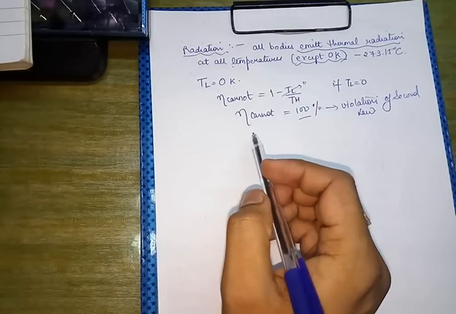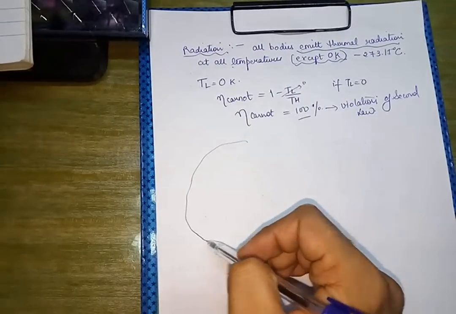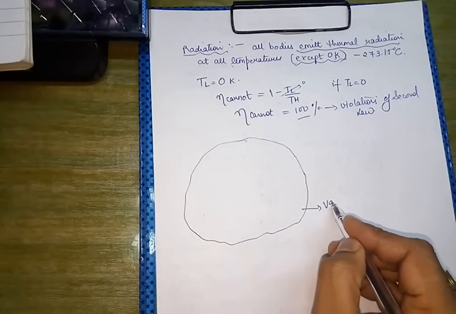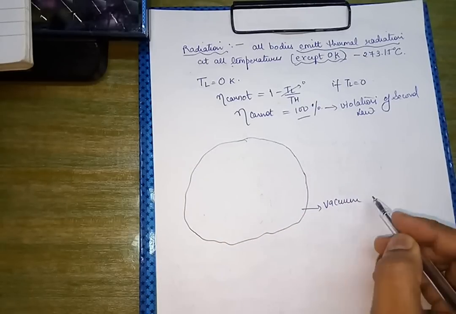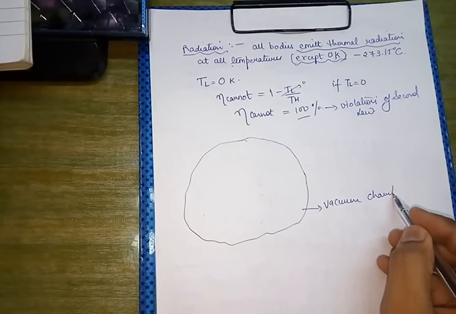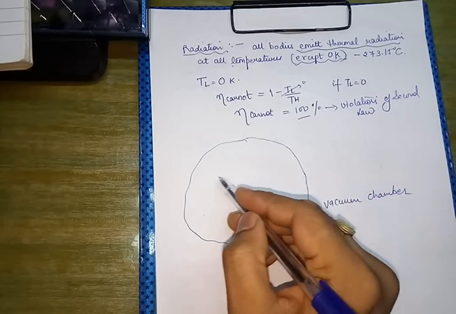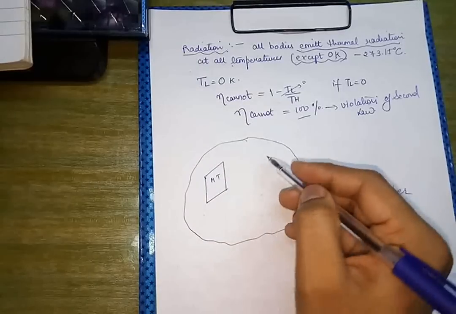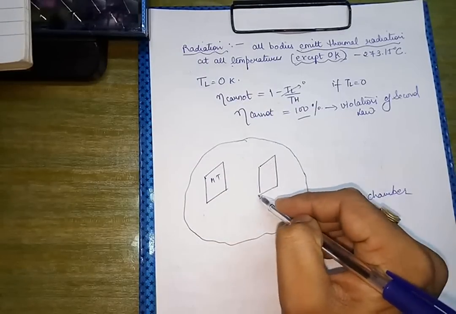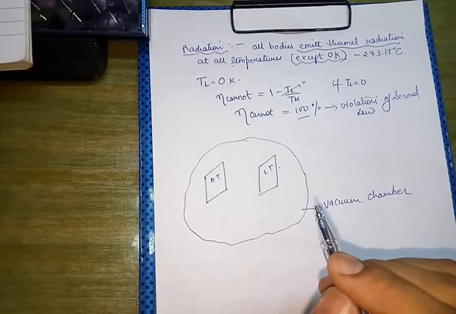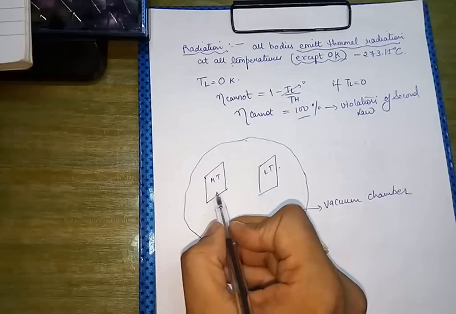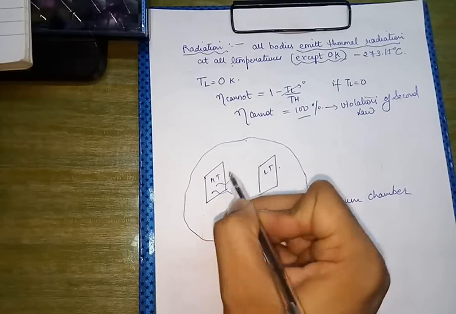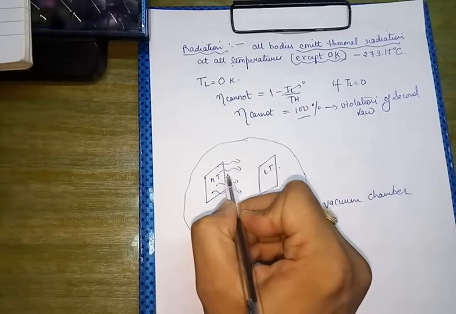Okay, now for example, if we take a case, say this is a vacuum chamber. And we have one high temperature plate, I am naming it HT, and we have a low temperature plate, LT. Now when the plate is at a high temperature, it will give out a very large amount of radiation.